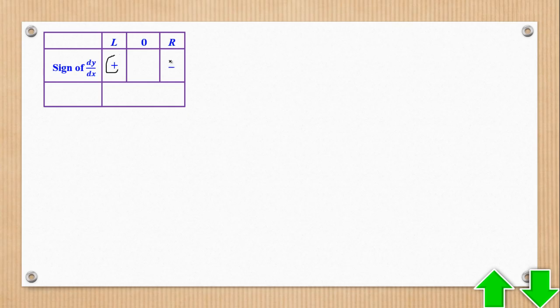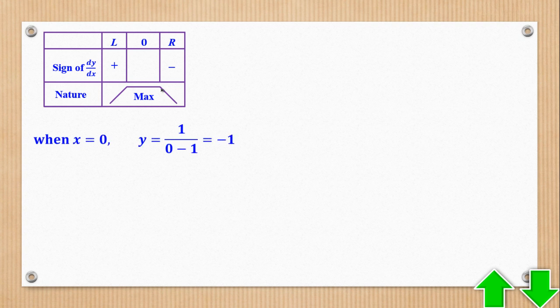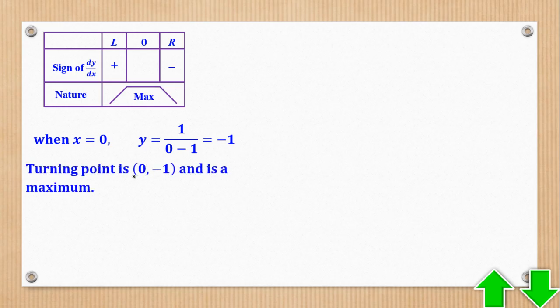When I use +1, I'll get a negative sign. So the nature will become positive gradient, negative gradient, giving you a maximum. But I also need the y coordinate of the x value. So when x is equal to 0, y will be -1. Therefore, the turning point is this, and this is our maximum.